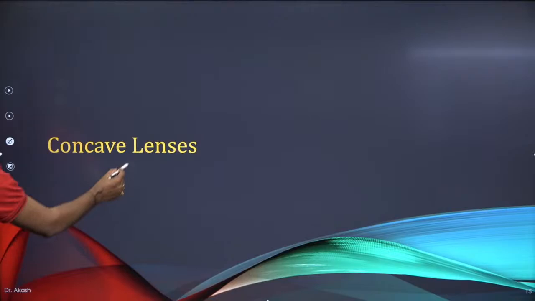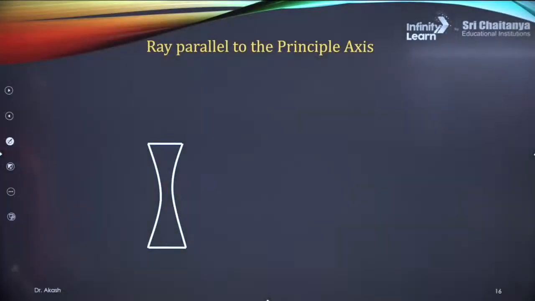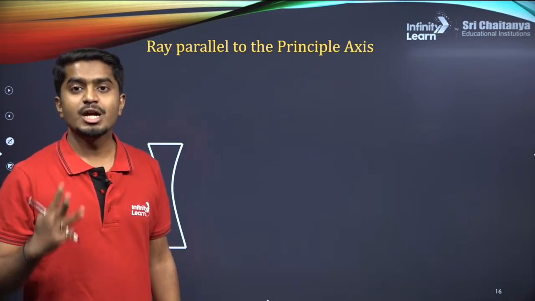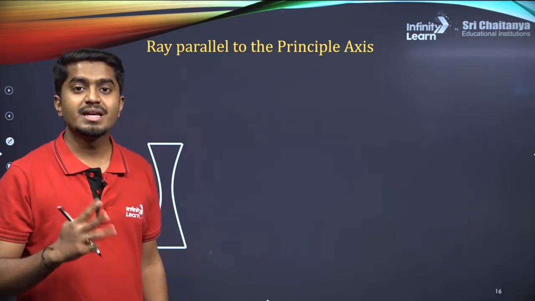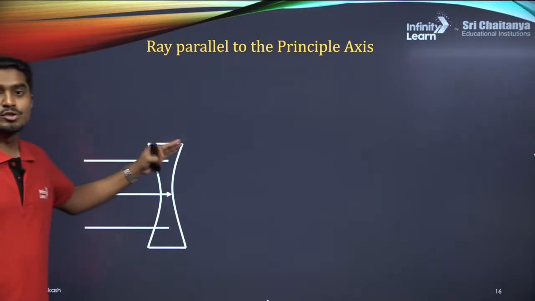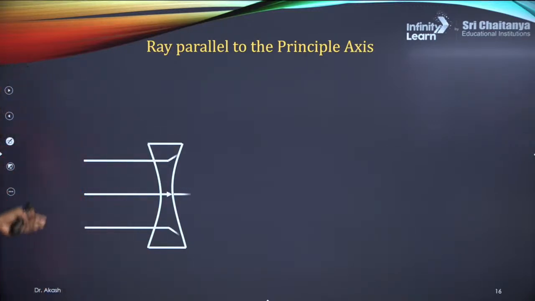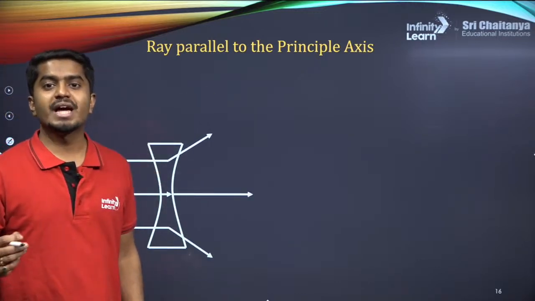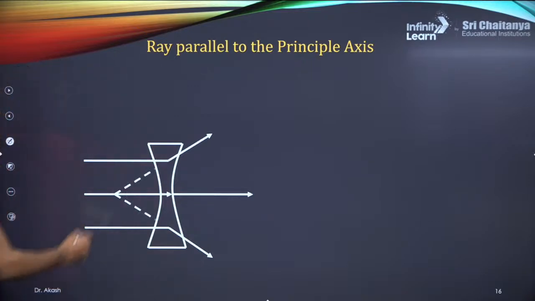Now let's learn about the concave lens. Here we have a concave lens. Again the same 3 rules, or same 3 rays. First ray: incident rays parallel to the principal axis. They all diverge, and they appear to diverge from a point which we call the focus.